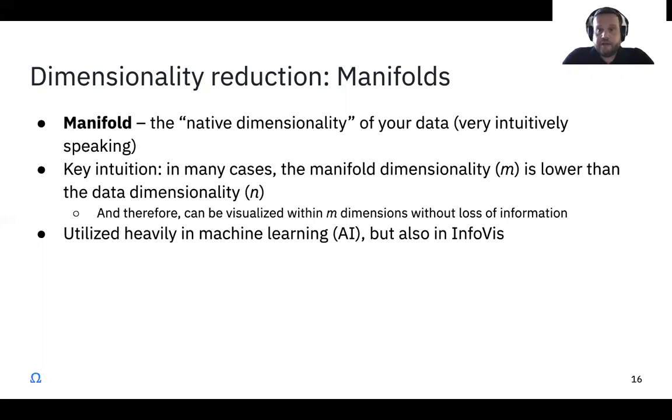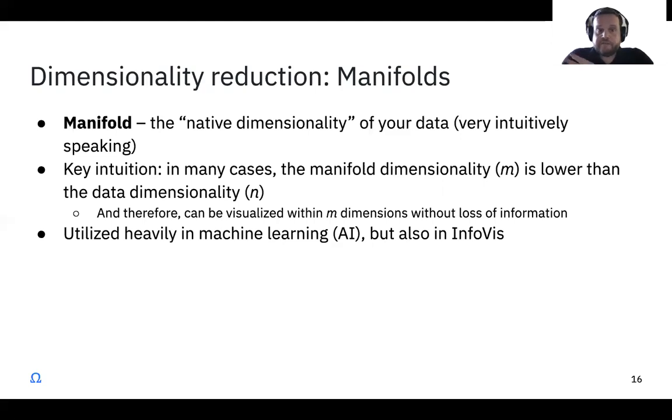The key intuition here, why this is useful, is that the manifold dimensionality, or the native dimensionality of your data, is for real data almost always lower than the data dimensionality. So that means that you can visualize the data in m dimensions without loss of information, which is exactly what we are shooting for with visualization.